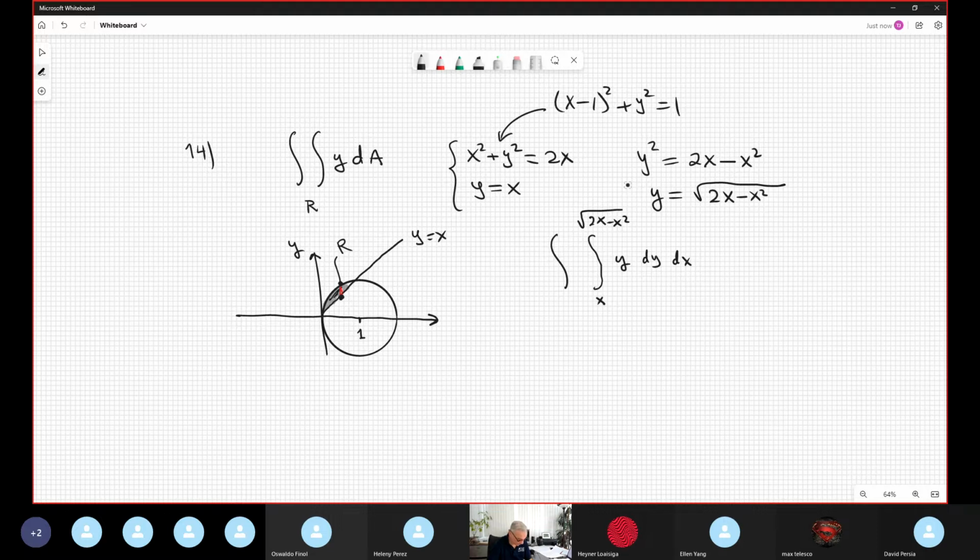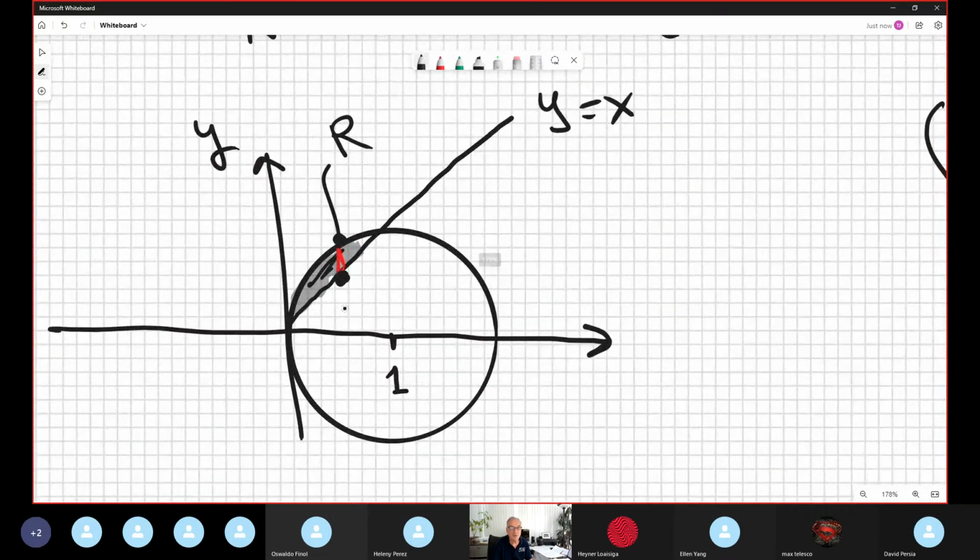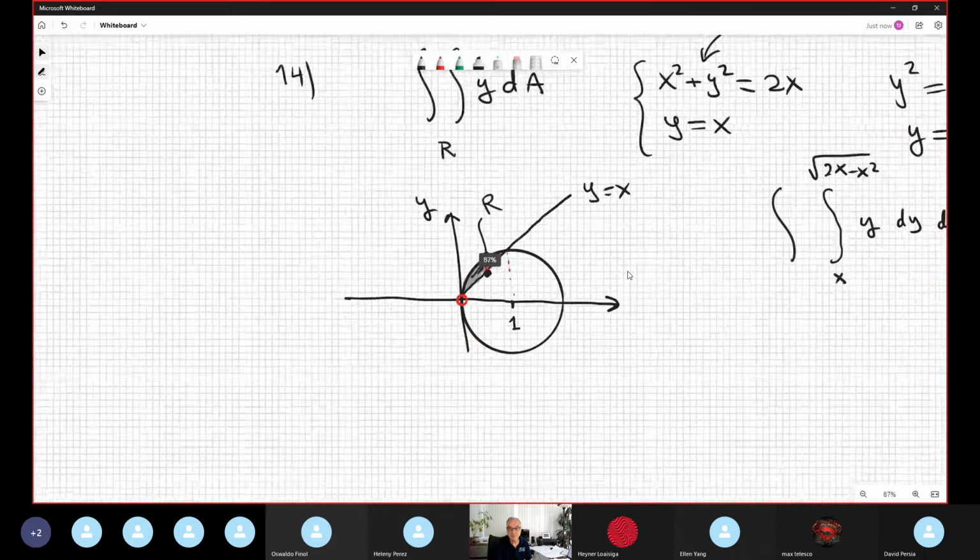Okay, now you're extending this strip in both directions like that. It's obvious that x goes from 0 to 1. And you cover the region.